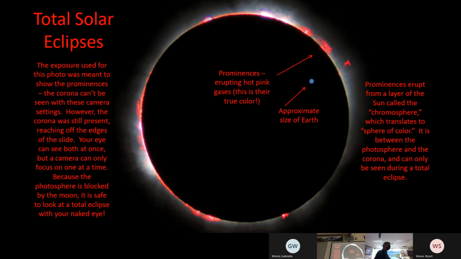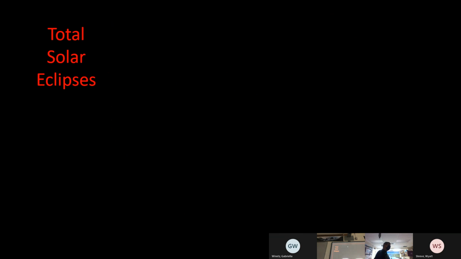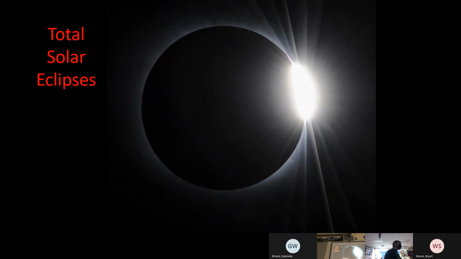Because as the moon is moving in front of the sun, you get this last little view of the sun right here. And you're starting to see the corona around the back side. So this is the very beginning, also the very ending of a total solar eclipse, is this diamond ring effect.